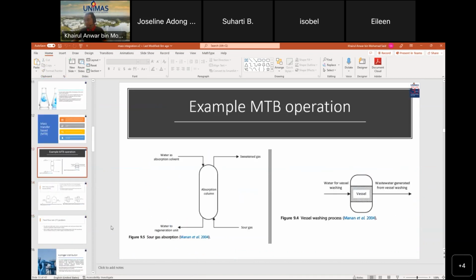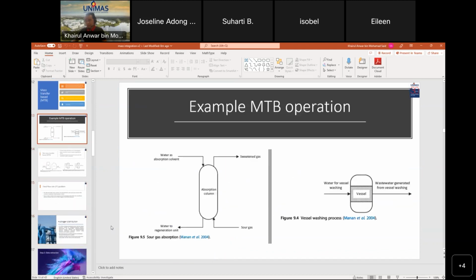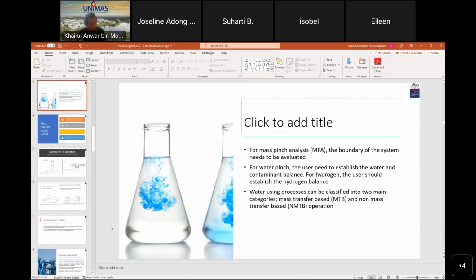So we have MTB, mass transfer based operation, and non-transfer based operation.